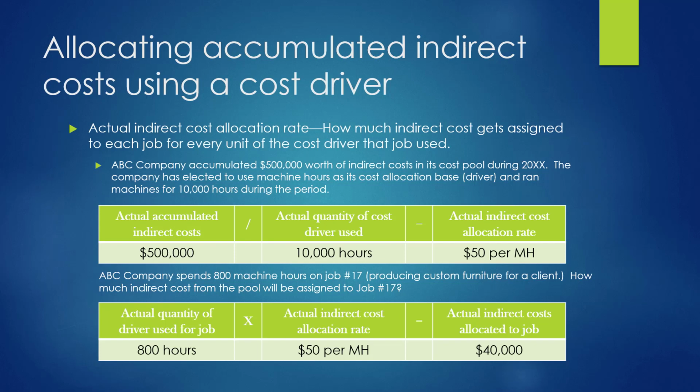So for this job, making a huge batch of custom furniture for somebody's office or for a showroom or something, they're going to allocate $40,000 of indirect cost to that job. Essentially saying, this job caused us to incur $40,000 in overtime costs, indirect materials, indirect labor, utilities, depreciation on our equipment, all those things that you don't trace. Like the total cost of that $40,000 of our overall cost, that $500,000, should go into job 17.